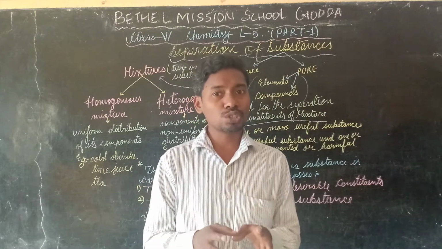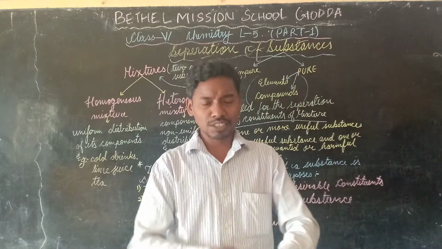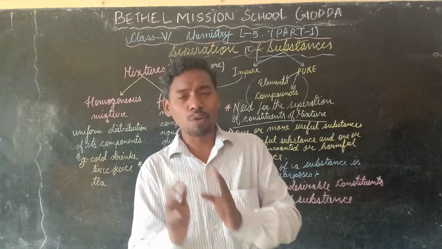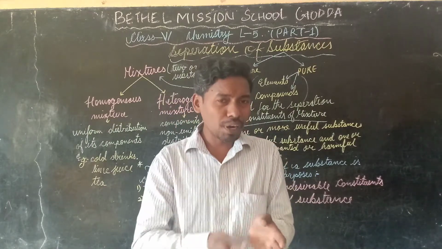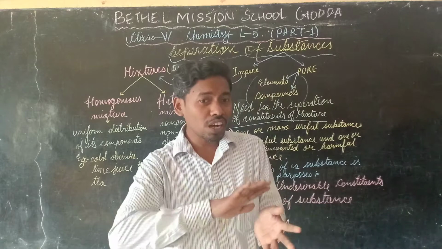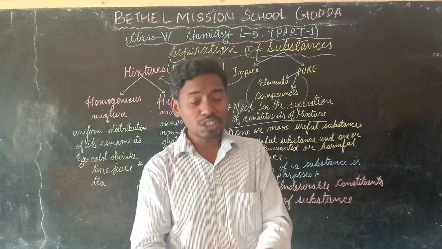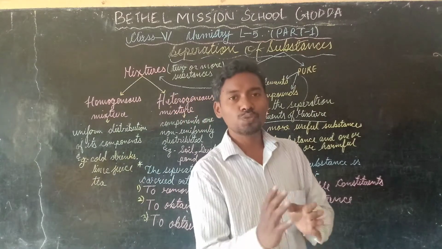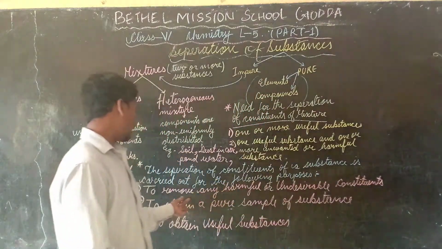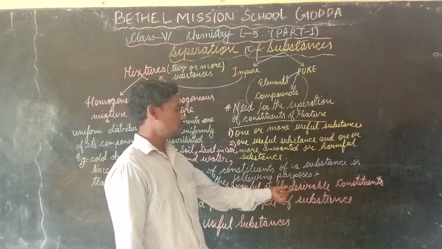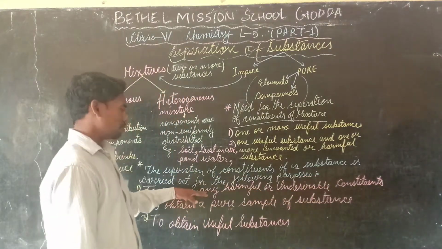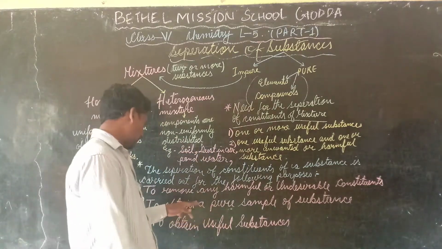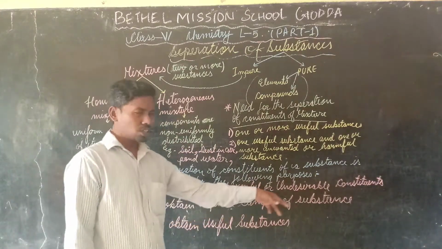When we wash the rice and drain away that water, it is because the dust particles are not good for our health. So washing is separating the harmful substance from a useful substance. Sometimes unwanted substances are present with the useful substance.